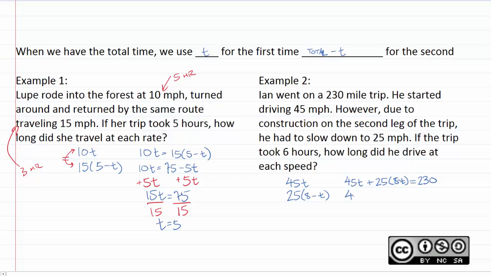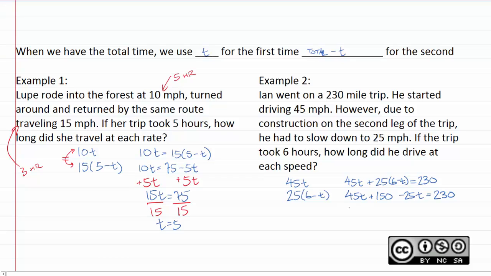We'll just distribute: 45t plus 200 minus 25t equals 230. Just like that. It did say that the trip took 6 hours, so let's fix one minor typo I have here. That's not 8, that's actually 6. And 25 times 6 is, in fact, 150, not 200. Sorry about that. All right, let's continue.